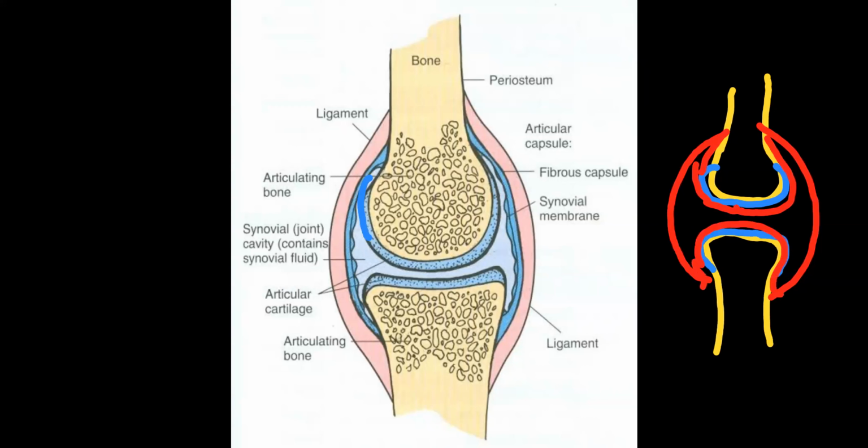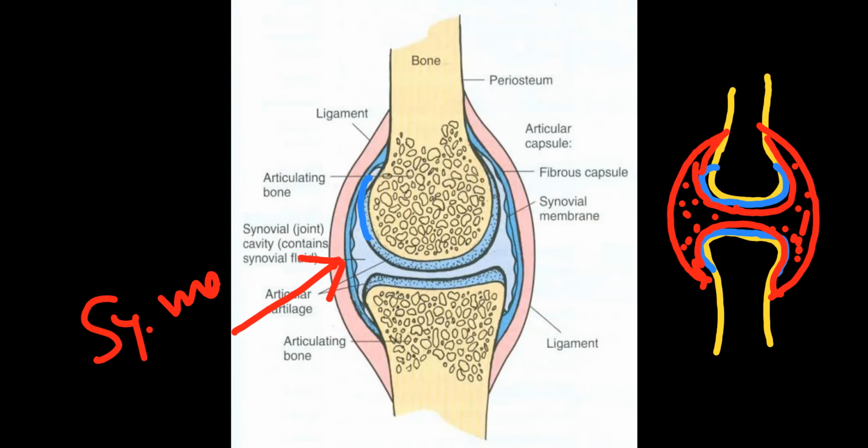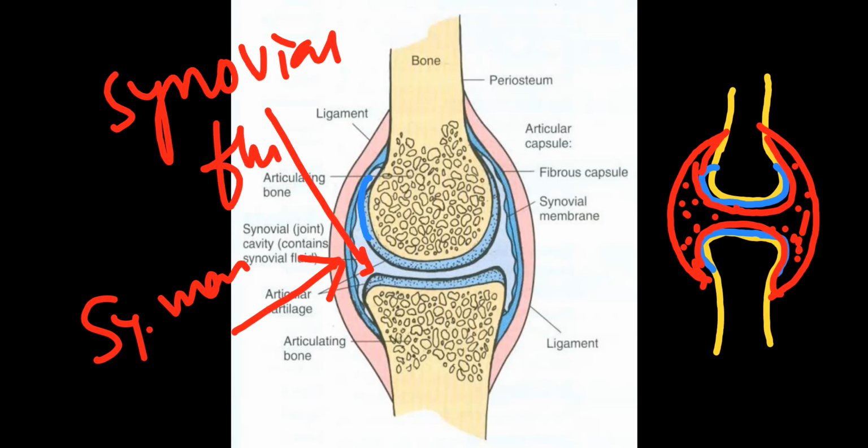called the synovial membrane, and it is filled with the fluid secreted by the membrane itself, the fluid which is called synovial fluid. The blue-colored membrane that you see is the synovial membrane, and the fluid here is the synovial fluid.